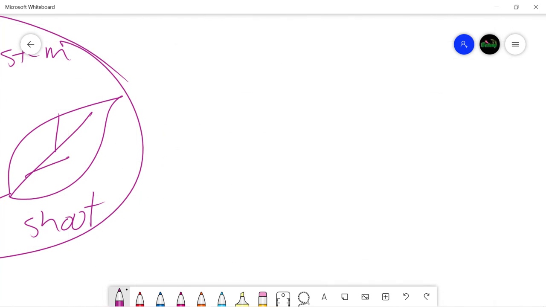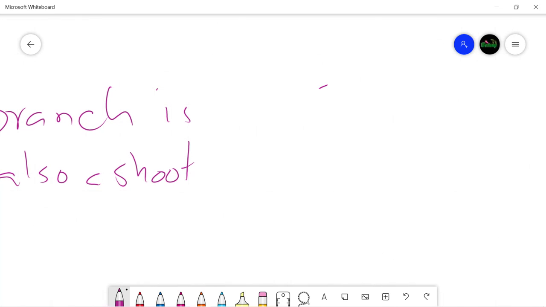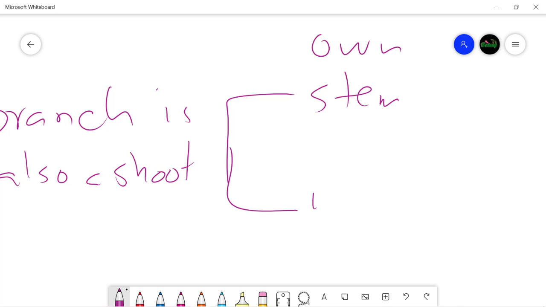Similarly, a branch is also a shoot, as it has an axis, its own stem, with its own set of leaves.